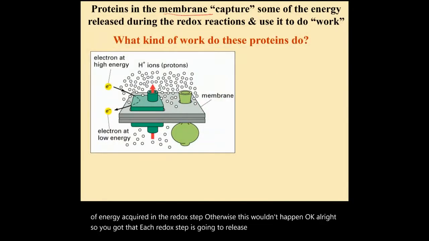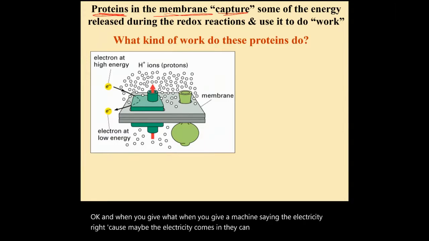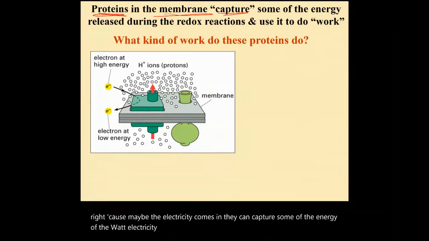Proteins in the membrane capture some of the energy because proteins are workers. Proteins are smart. Proteins are like machines. When you give a machine, say, electricity, it can capture some of the energy of the electricity and transfer it into mechanical energy.